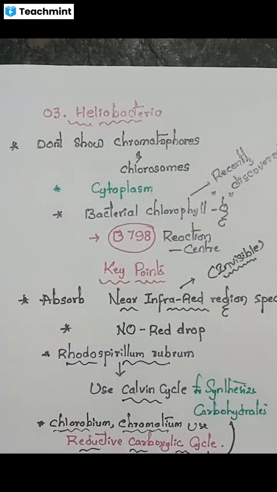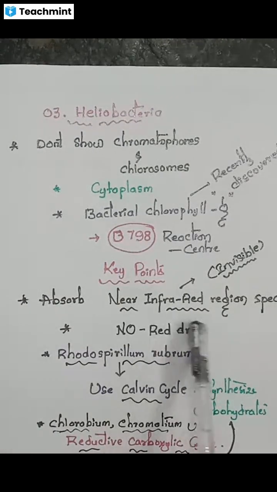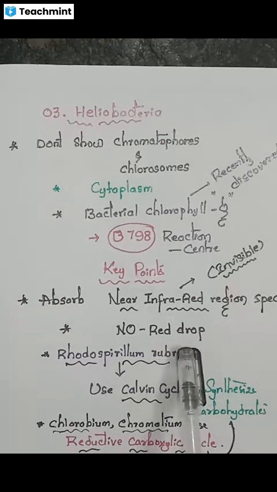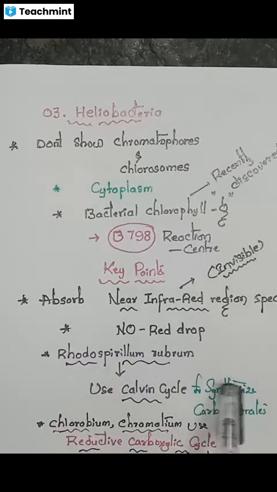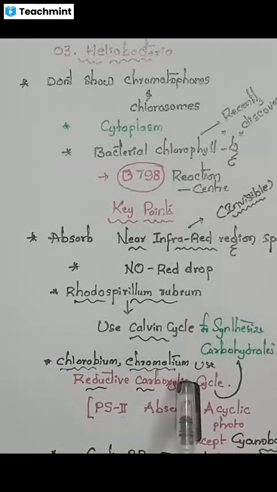In bacterial photosynthesis, they absorb the near infrared region of the spectrum, so there is no red drop. Rhodospirillum rubrum uses the Calvin cycle to synthesize carbohydrates. Chlorobium and Chromatium use the reductive carboxylic acid cycle to synthesize carbohydrates.